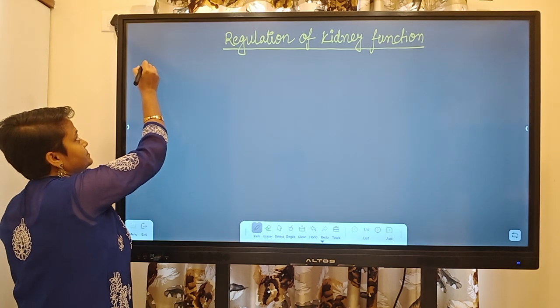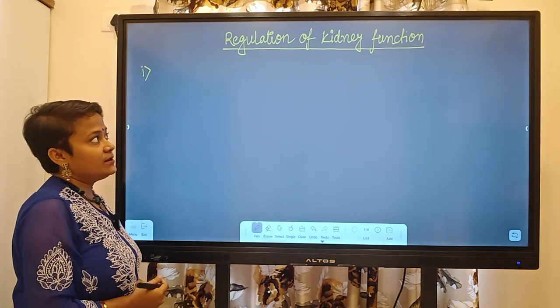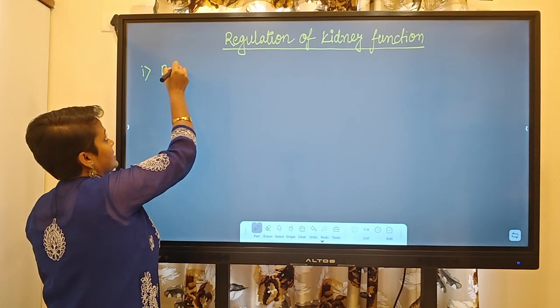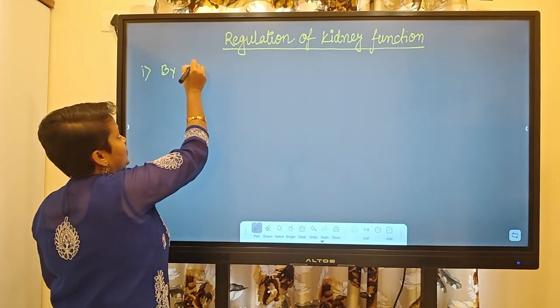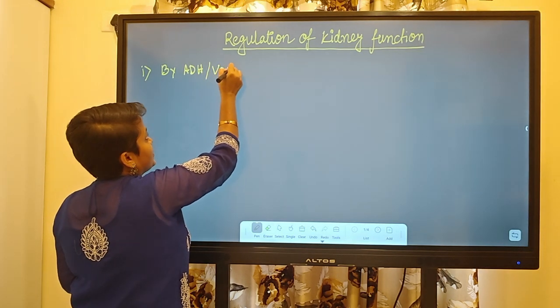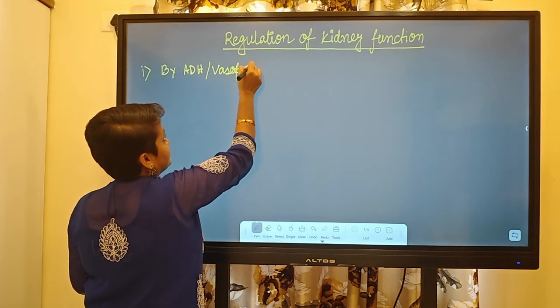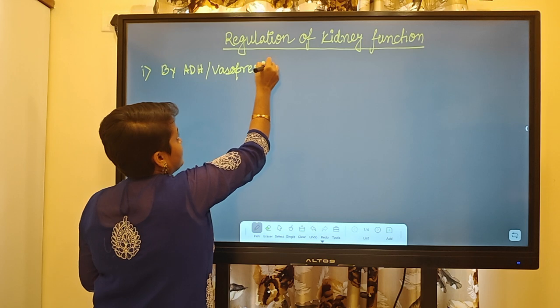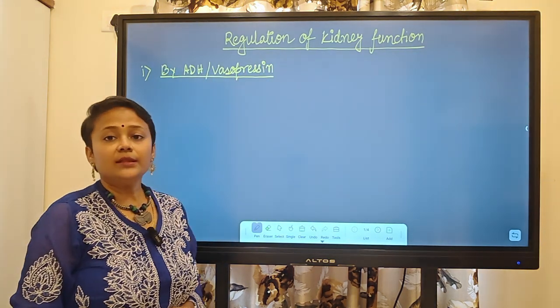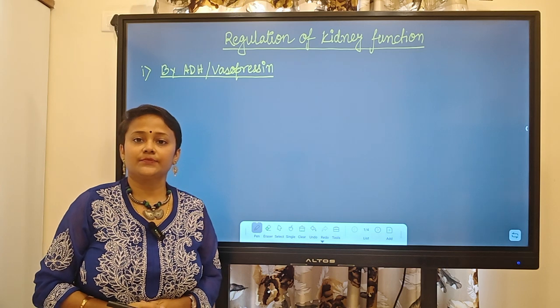The first way of regulation of kidney function is by anti-diuretic hormone, which is also called vasopressin. Now, when will vasopressin be released?